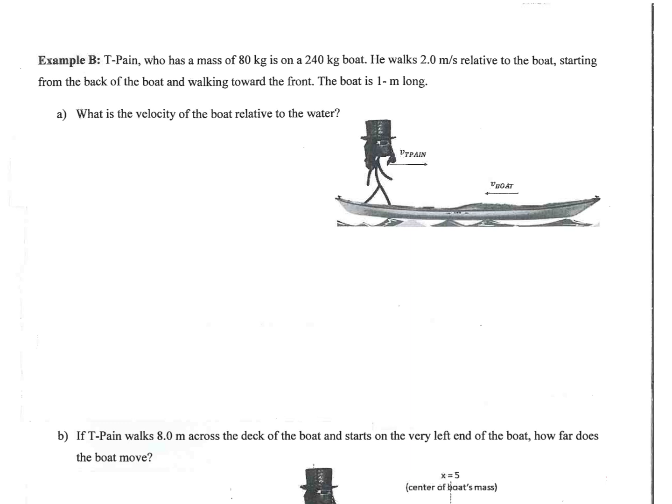The next example, we've got this dude, pretty cool, T-Pain, who has a mass of 80 kilograms, is on a 240 kilogram boat. He walks 2 meters per second relative to the boat, starting from the back of the boat, walking towards the front of the boat. The boat is 1 meter long. What's the velocity of the boat relative to the water?